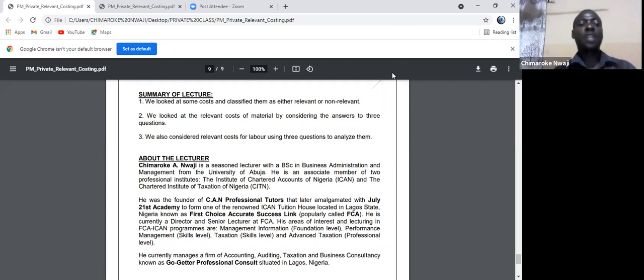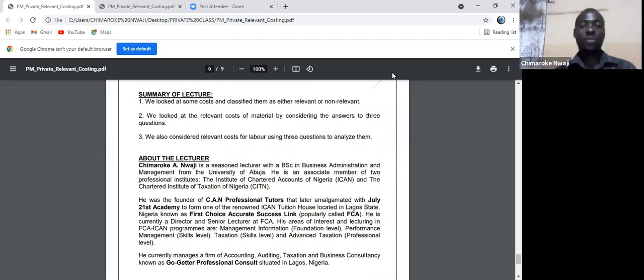Now, when you move to the next question, because you said material is available in stock, the next thing to ask is the material in constant use? If you say yes, it means whatever you pick from that material and use, we are going to replace it. So the replacement cost at the current market price is relevant.